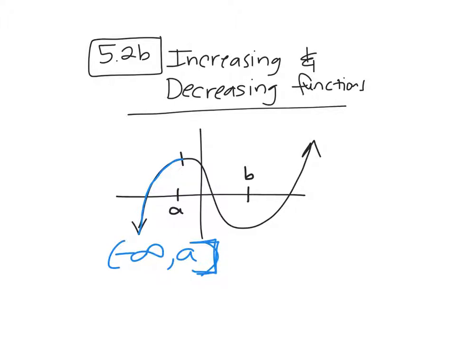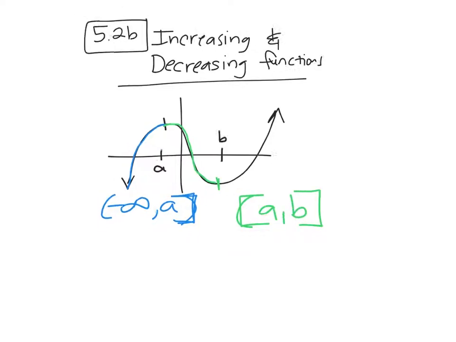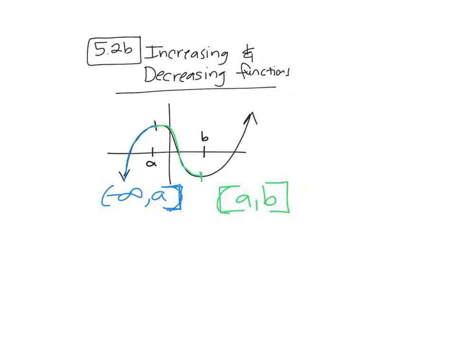And then you are decreasing from A to B, and they'll put a bracket around that too. And then you're increasing once again from B to infinity.